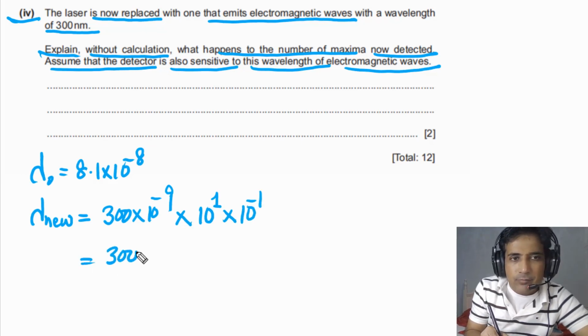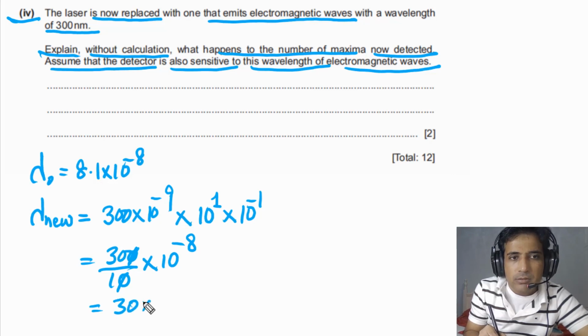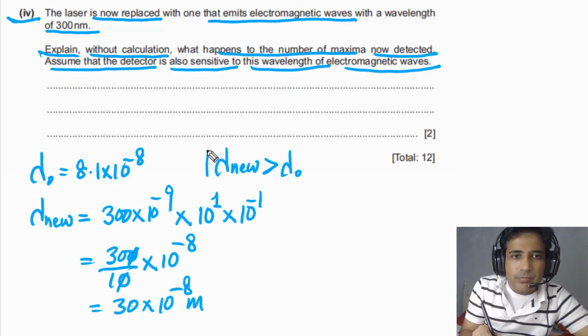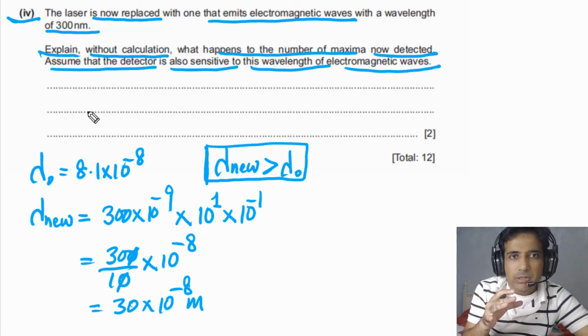So we have 300 divided by 10, and here we have 10 to negative 8. Now we can cancel this 0 with this one, so we get 30 times 10 to negative 8 meters. In this case, lambda new is greater than lambda naught. It simply means that lambda has been increased. So the first thing we need to understand is that lambda has been increased.